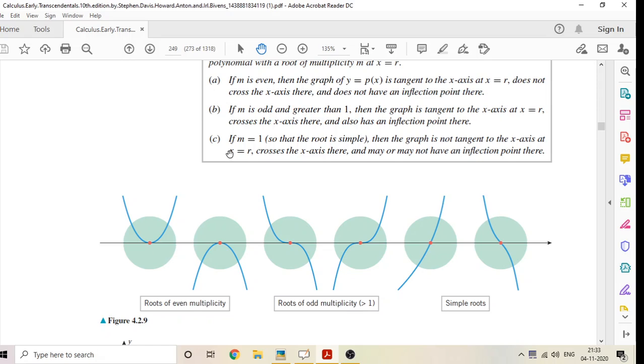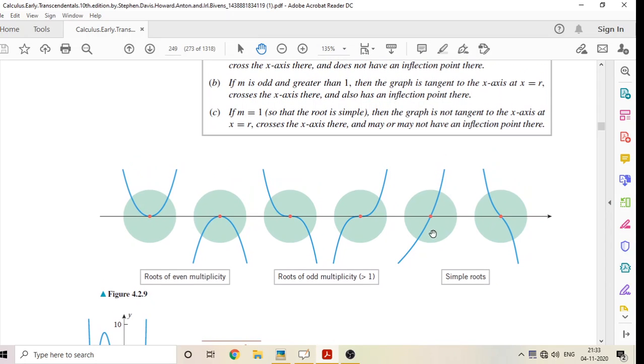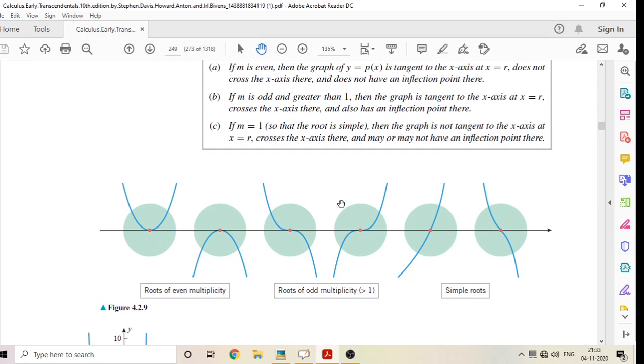Now when m is equal to 1, the graph is not a tangent to the x-axis. So the x-axis is not a tangent. If we take the tangent now, it will be a line like this. So the x-axis will not be a tangent. So the graph is not tangent to the x-axis at x equal to r, and it will cross the x-axis, and it may or may not be an inflection point.